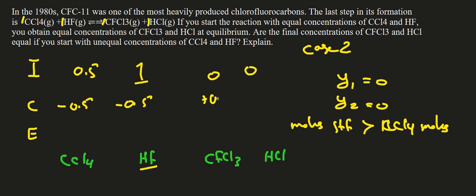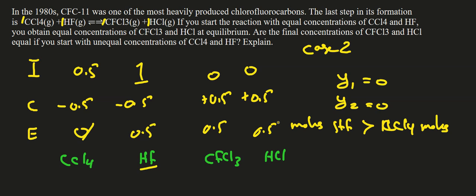And here, since it's product, you're going to add this amount. So what do you get in this case? You get 0 here for the CCl4, you get 0.5 here as excess for hydrofluoric acid, you get 0.5 for CFCl3, and you get 0.5 for hydrochloric acid.